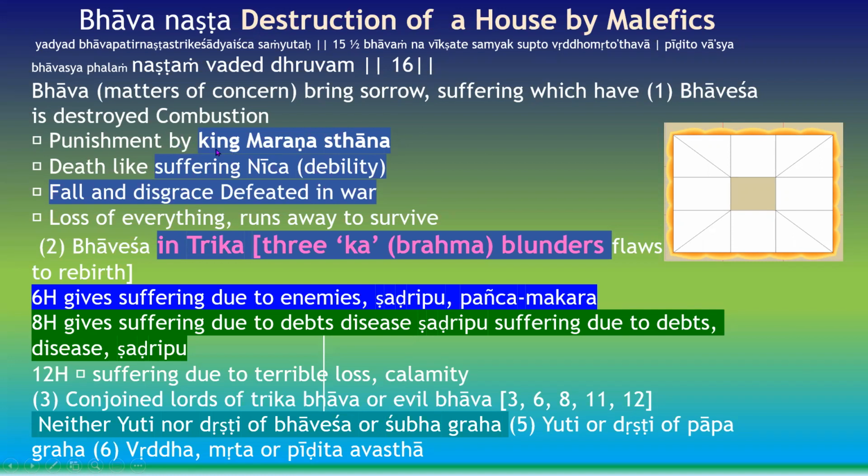Then we saw punishment by the king, Maranasthana. We saw certain planet placements are in dying positions last time: Sun in the 12th, Moon in the 8th, Jupiter in the 3rd, Mercury in the 4th and the 7th house, Ketu, south node of the moon, in the 4th house, and to an extent the 2nd house, and Rahu in the 9th.